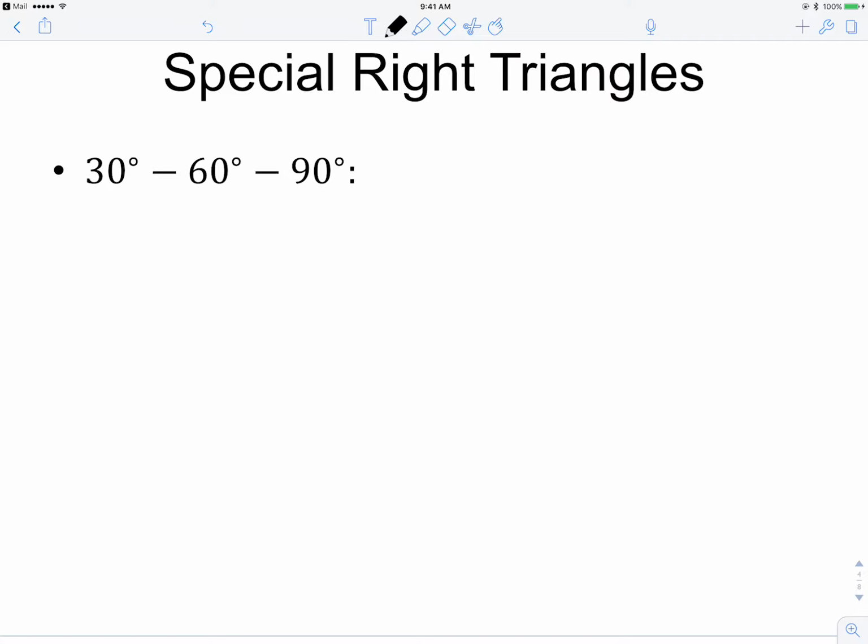Equilateral triangles have equal sides, meaning they also have equal angles, where each angle would have to be a measurement of what? Yes, 60. Sorry, I was commenting on my drawing of my equilateral triangle.